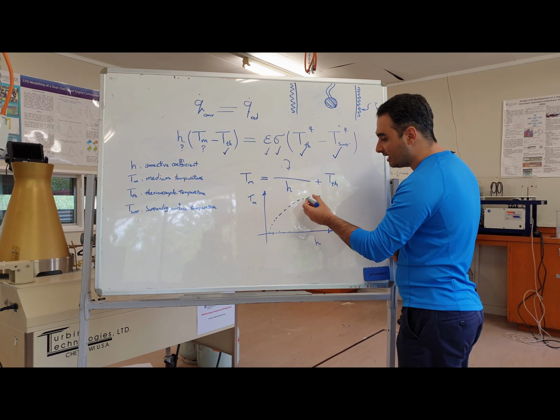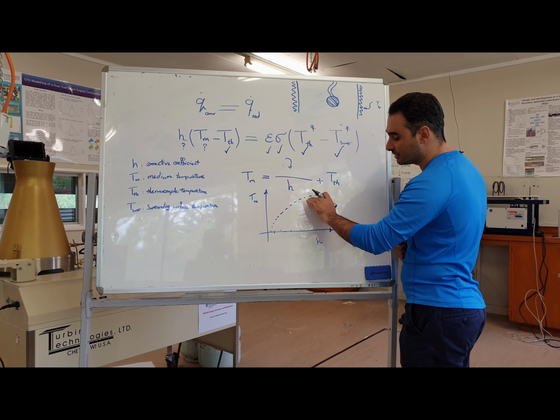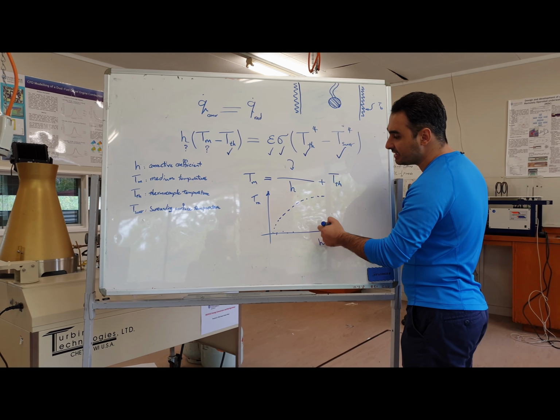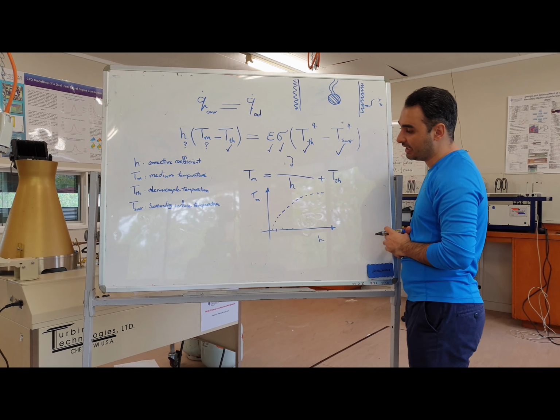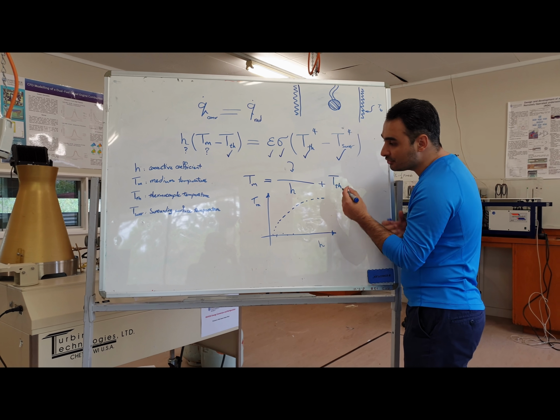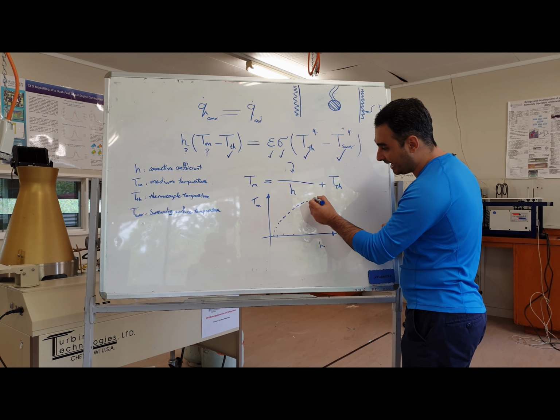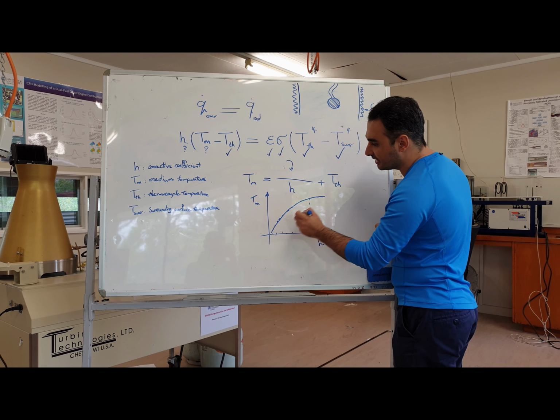As you can see, after some point, H is going to reach a point at which by increasing H, you're not going to have that much change for Tm. So at that point, you need to select a point for H and the corresponding Tm. How?